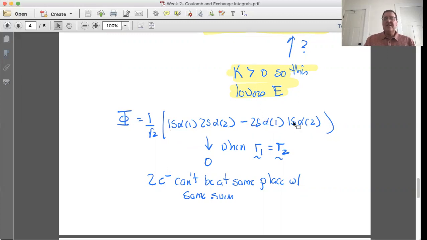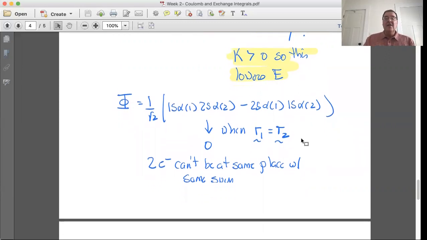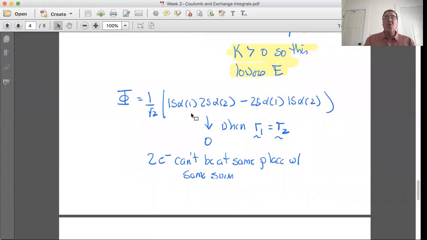And order makes no difference on the multiplication here if the variable is the same. So you get a wave function that goes to 0 when the two electrons end up on top of one another. When I have two spin up particles, the wave function goes to 0 when they get on top of one another.